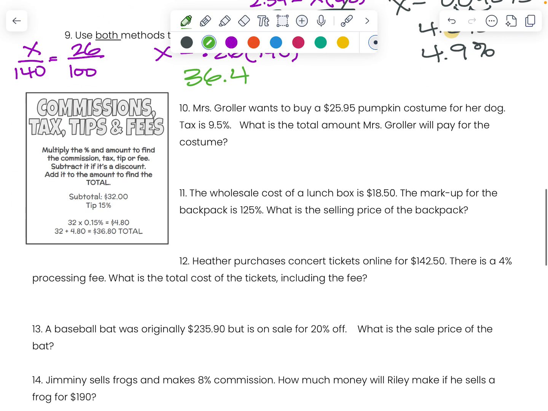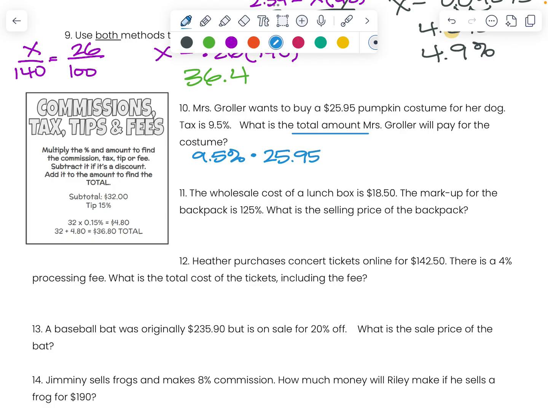All right, Ms. Groller wants to buy a costume, a pumpkin costume, for her dog, and tax. Tax means we're going to add it on, and they want the total amount. But before I do, I've got to figure out what 9.5% of 25.95 is.